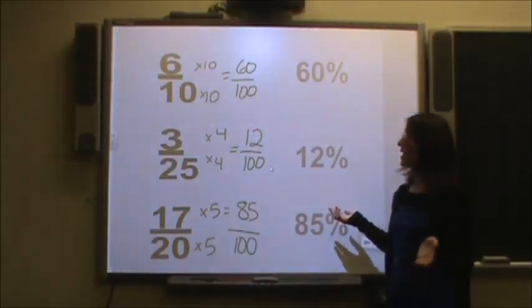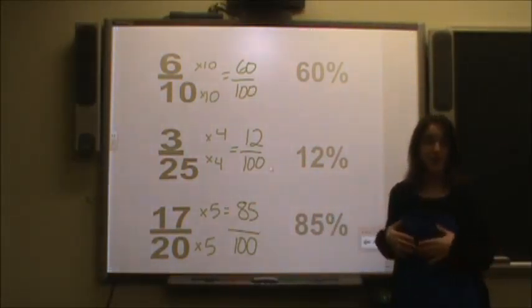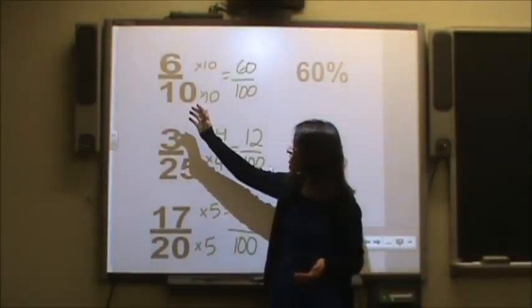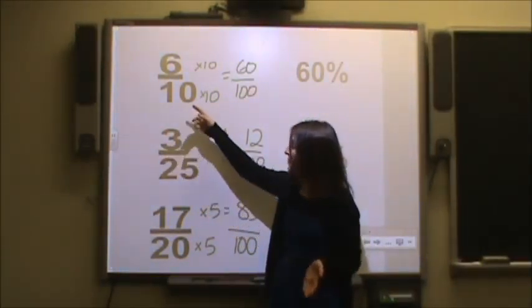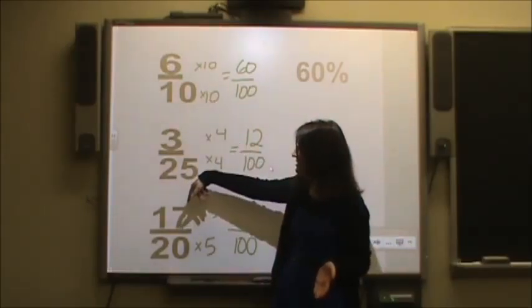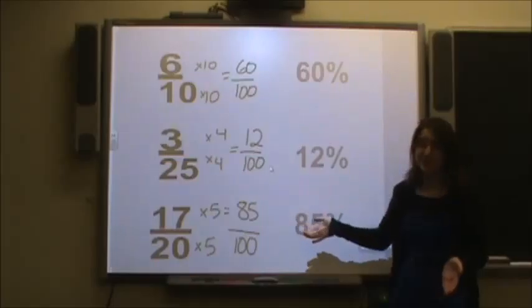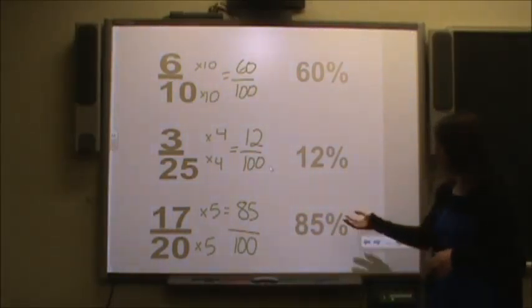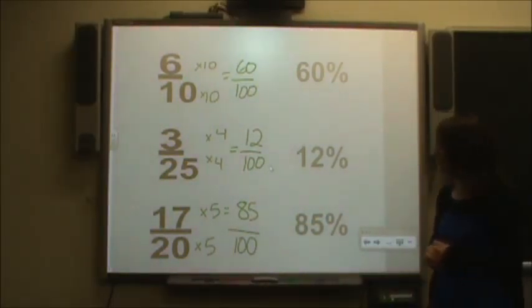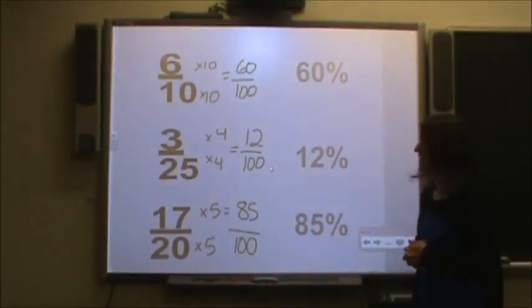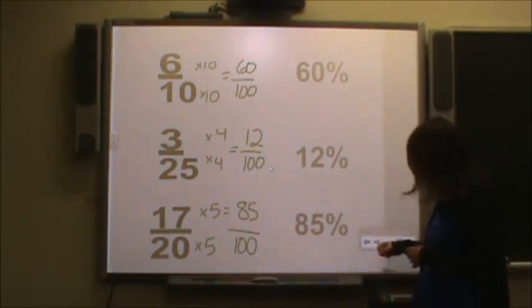So who is better at soccer? Who gets the ball in the most? Well, we can't compare these because they're all out of a different number. Just because 17 is the largest number doesn't mean that it's going to be the largest percent, although in this case it is. So Jack is the best at soccer because if he were to do it 100 times, he would be able to get it in 85 times versus 60 versus 12.